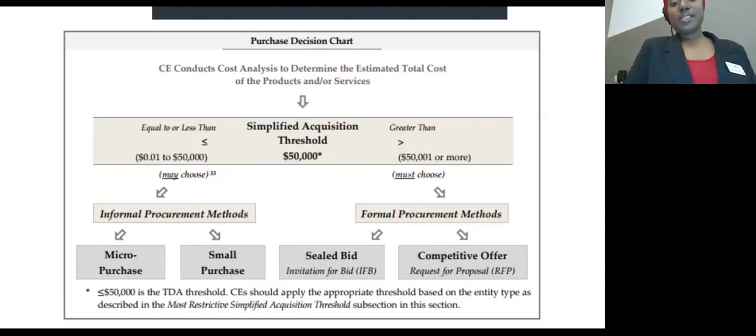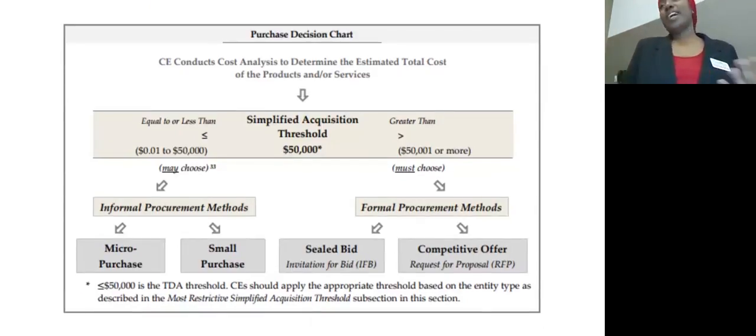Here at the top, you can see that you have the standard $50,000 as the simplified acquisition threshold, which is primarily what it is for TDA. However, it may be set differently at your individual districts, so from that standpoint, you want to follow what is stated at your specific district.